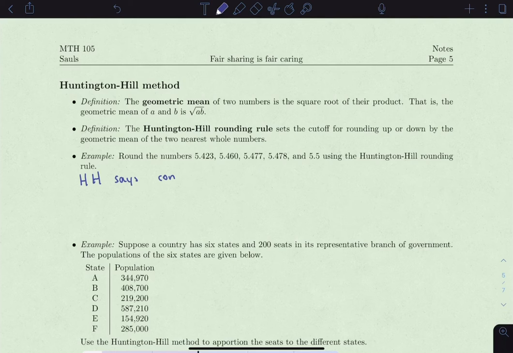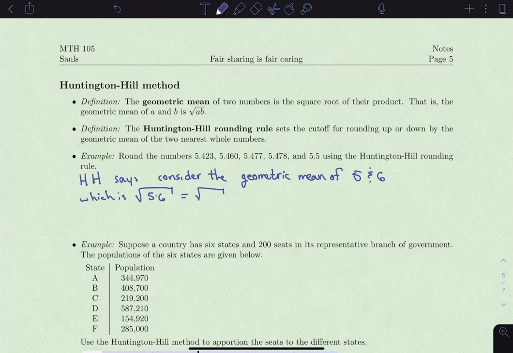Consider the geometric mean of 5 and 6, which is the square root of 5 times 6, which is the square root of 30.